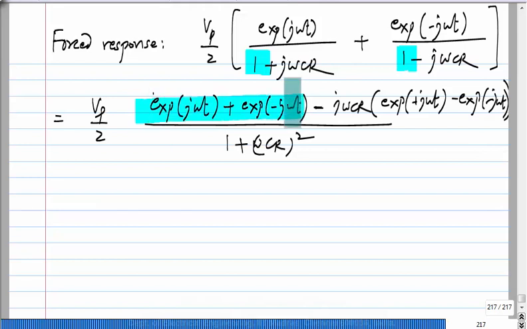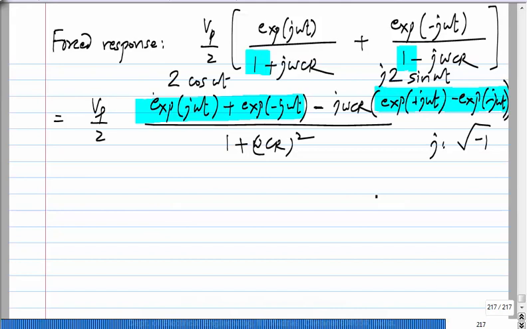Now what is this? What is that? 2 times cos omega t. And what is this? e^(j omega t) minus e^(minus j omega t). What is that? j2 sin omega t. Okay. j of course is square root of minus 1. So, if you multiply this whole thing, the factors of 2 cancel here.